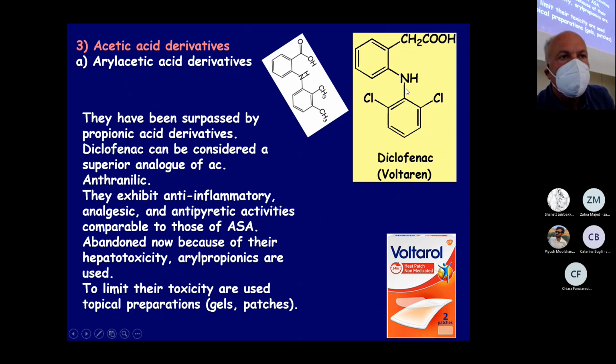You see an NH, second aromatic ring, but an additional carbon atom between the acidic function and the first aromatic ring.